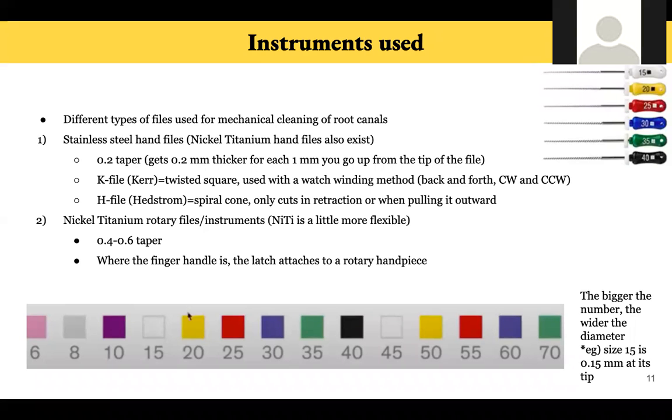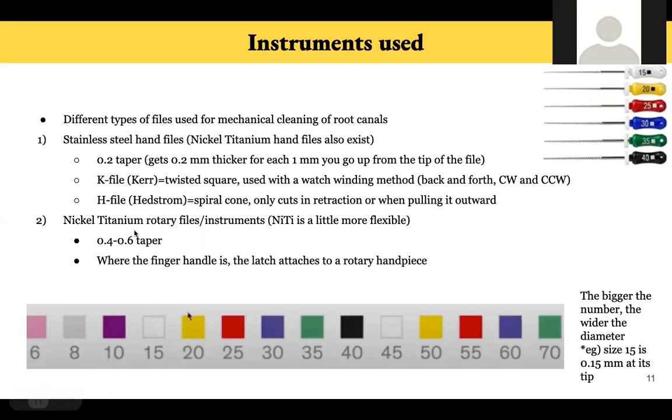These files, again, are made up of nickel titanium, but they're rotary files. So instead of the finger handle, the latch attaches to a rotary handpiece, which of course is going to be rotating at a specific predetermined RPM.